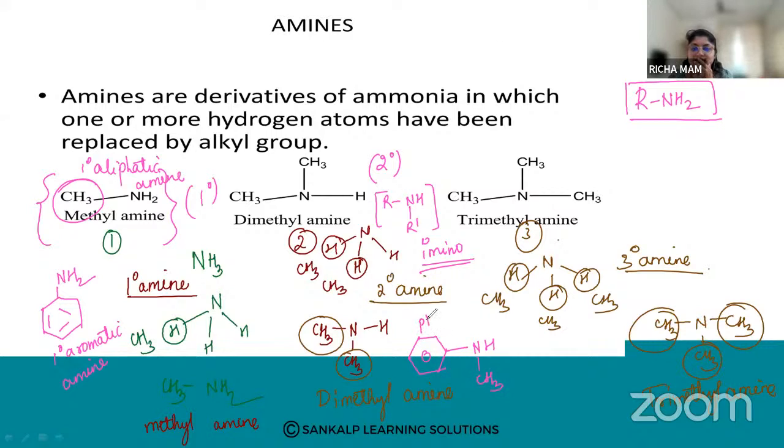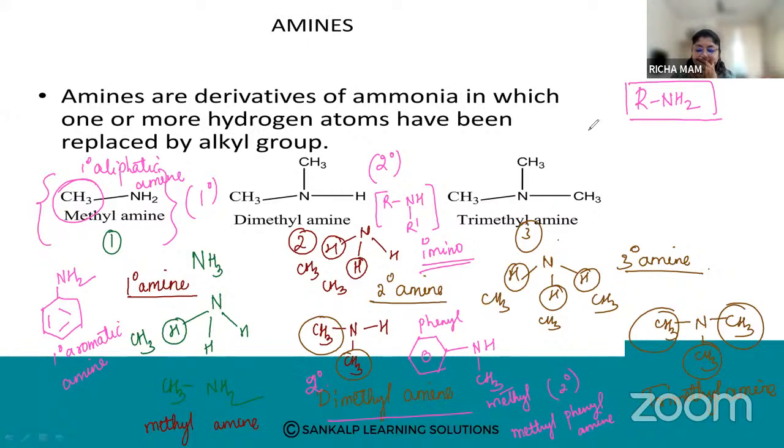This is phenyl, this is methyl. Follow the alphabetical order; methyl comes first. So it is methyl phenyl amine. This is our secondary aromatic amine, and this is dimethyl amine, our secondary aliphatic amine.